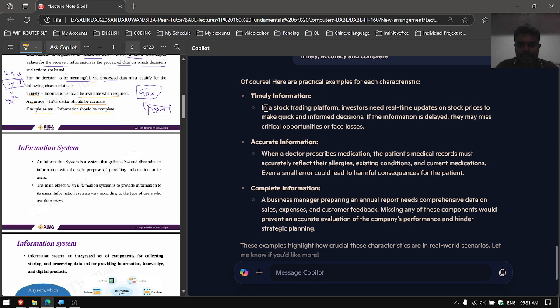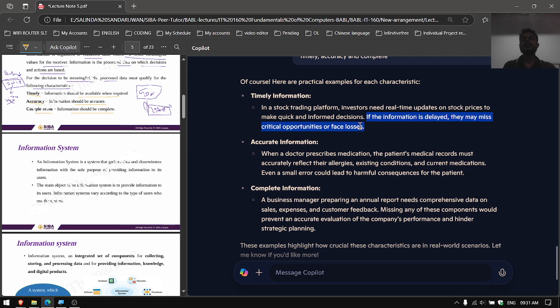Timely information. In a stock trading platform, investors need real-time updates on stock prices. If they provide information from 5 years back, it's not valid, because you can't make any decisions based on that information. If the information is delayed, they may miss critical opportunities or face loss.